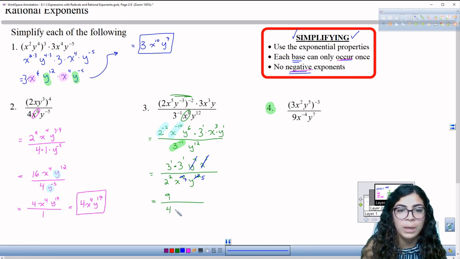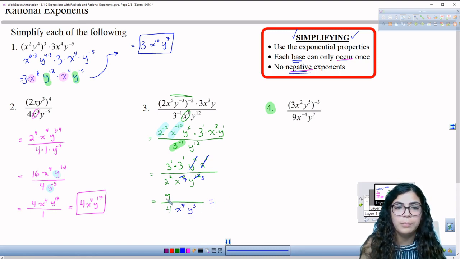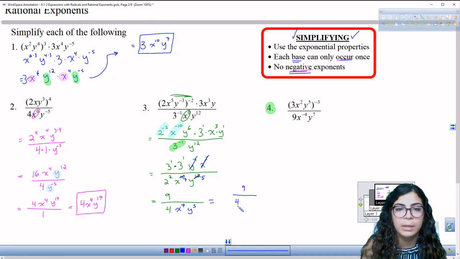So overall, we end up with 7 copies of x in the denominator and 5 copies of y in the denominator. So our final answer, and 9 over 4 doesn't simplify, but if it would, obviously you would simplify that. Numerator is 9, denominator is 4x to the power 7, y to the power 5.